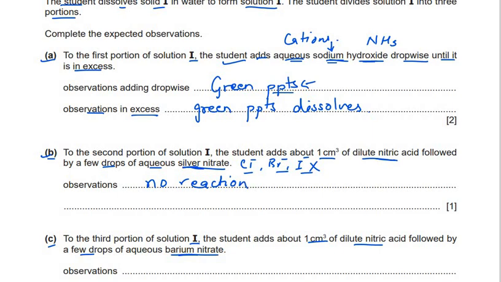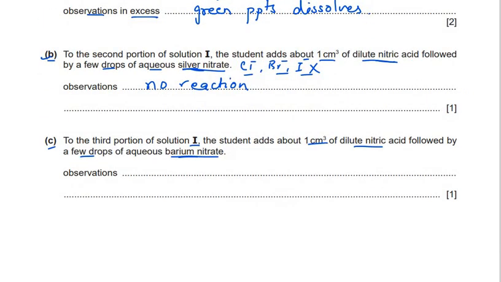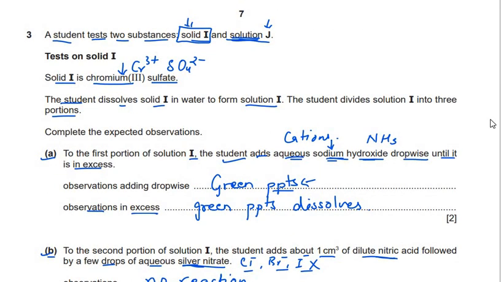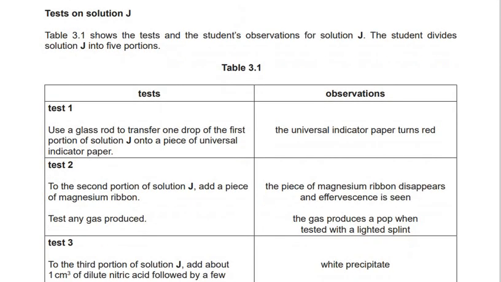We can write it. And yes, for barium nitrate, we know the observation is white precipitates. So the observation written here for barium nitrate, which is the test for sulfate ion SO4 which is present in our compound I, so we get white precipitates. Fine, let's go ahead with the next part.